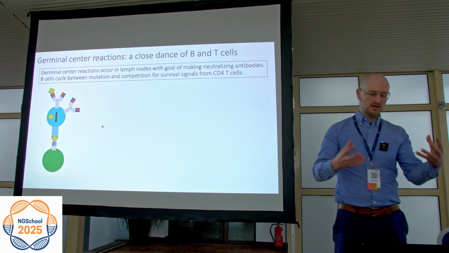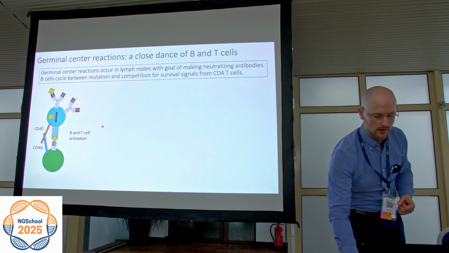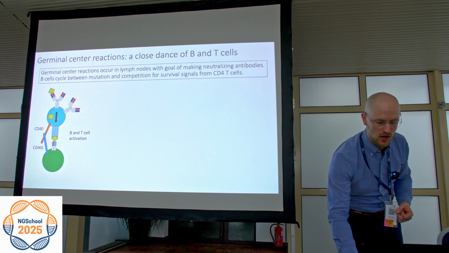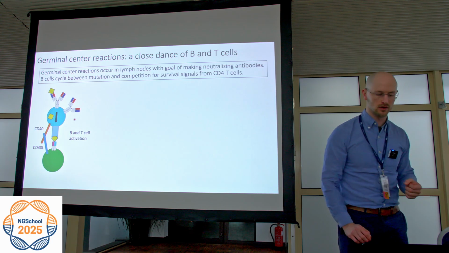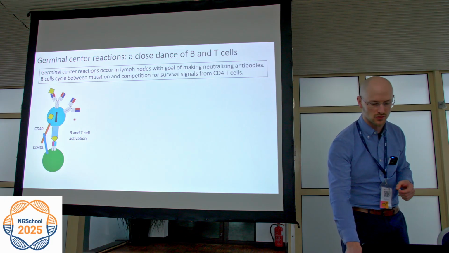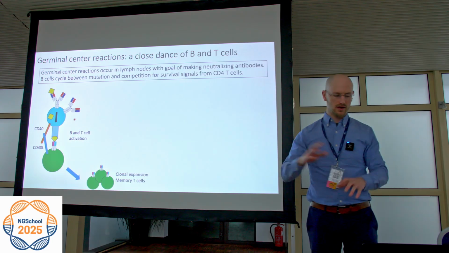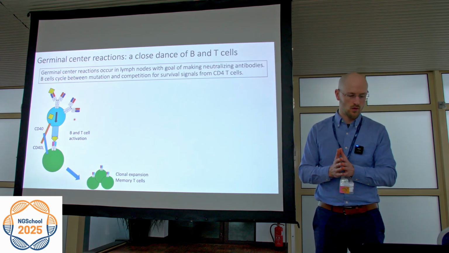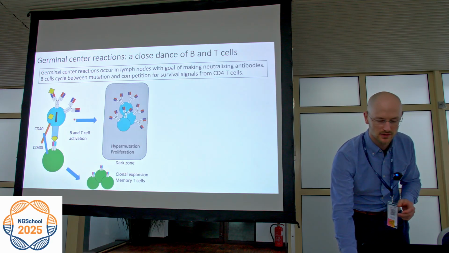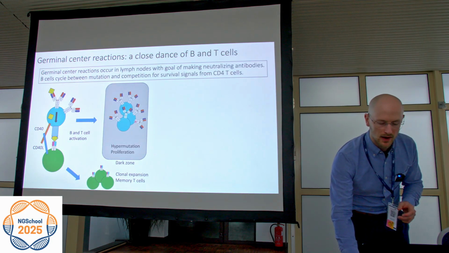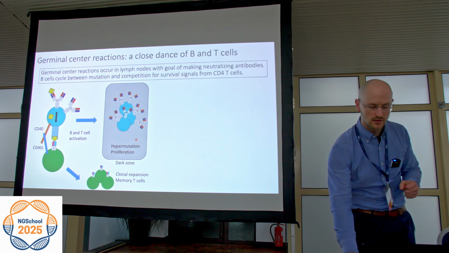And if that T cell is activated, it will bind to a molecule on the B cell called CD40, and this will cause the B cell to activate. So T cells can go off and expand and form clonally expanded T cells as well as memory B cells, and the B cells enter into germinal center reactions within lymph nodes.